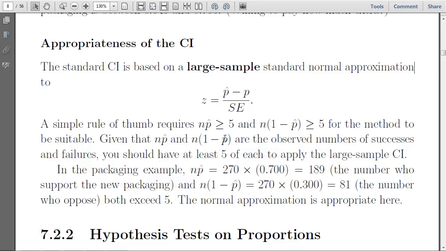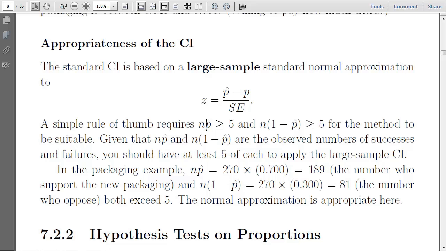So this is actually pretty easy to satisfy. If p hat was a half, you would need a sample size of 10. If p was a quarter, you need a sample size of about 20, and so on.